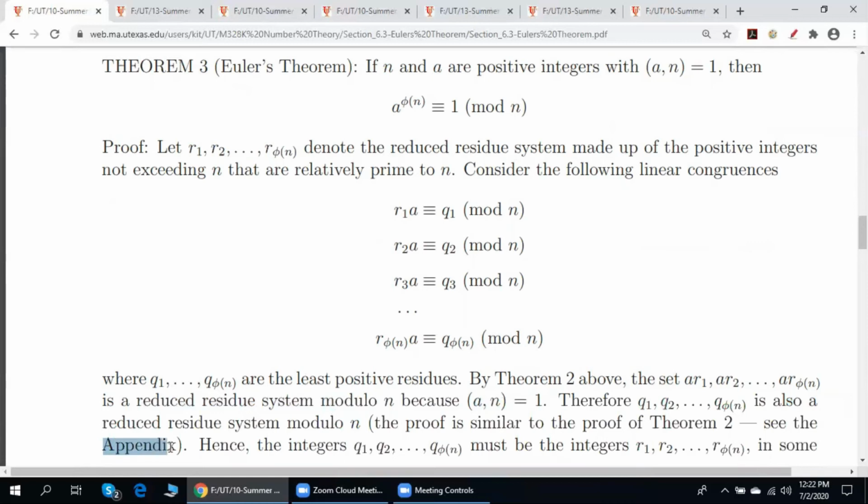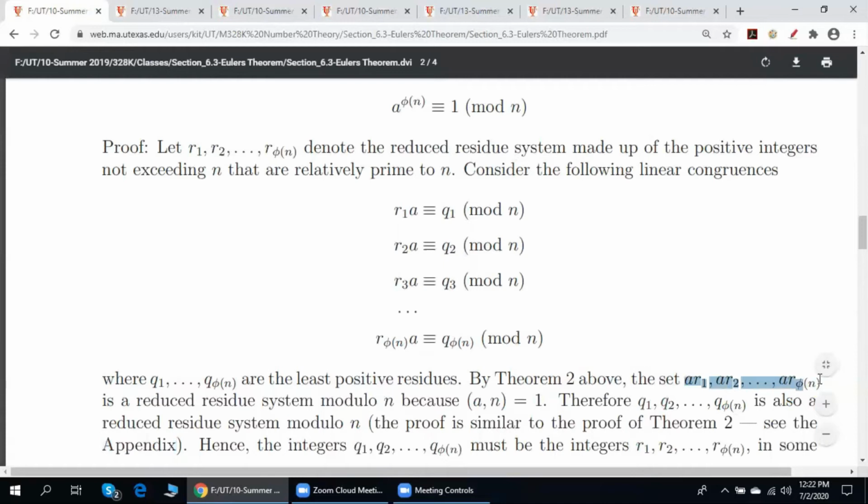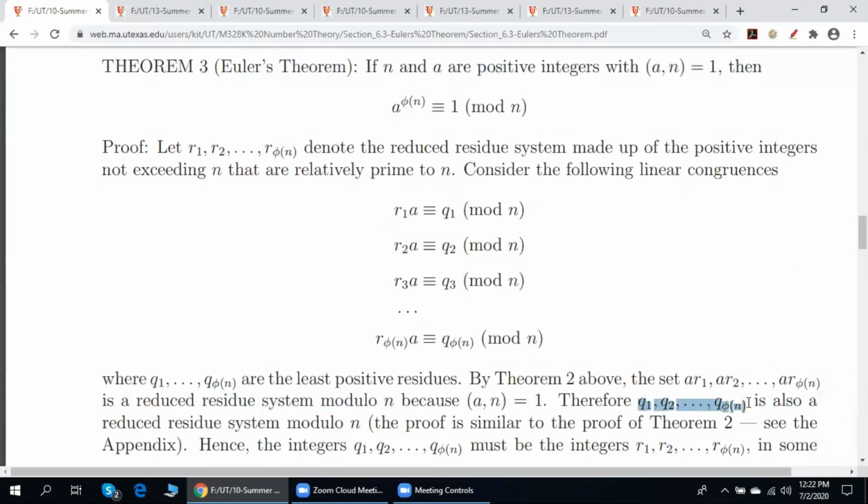In the appendix, we show that since this is a reduced residue system modulo n, then this is a reduced residue system modulo n. We will discuss this proof later. So, this is a reduced residue system. Therefore, this is a reduced residue system modulo n.